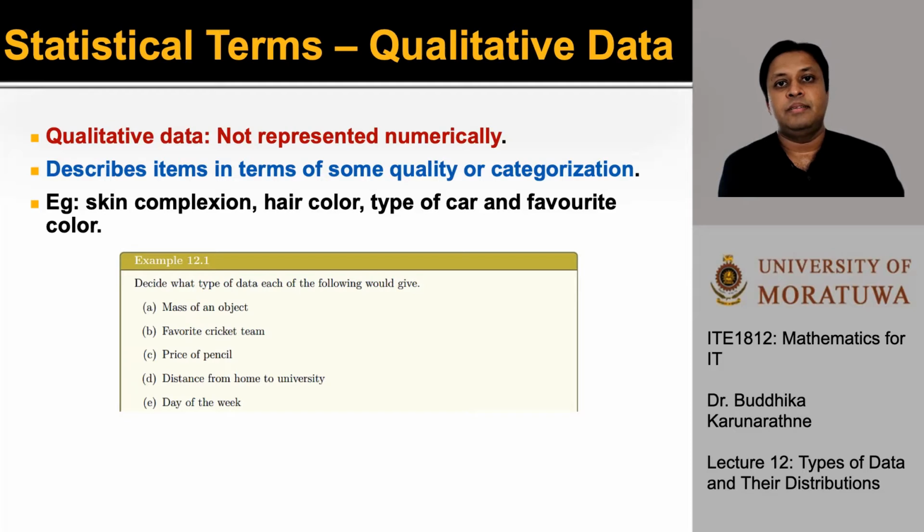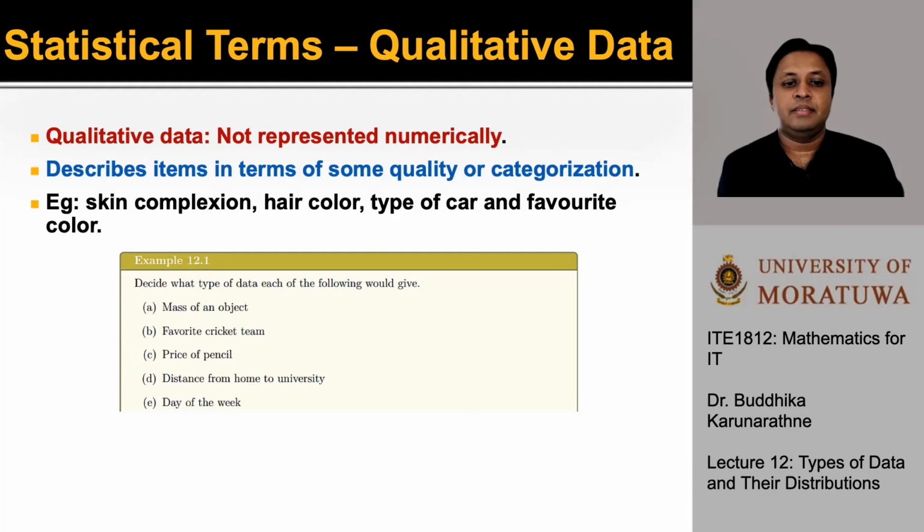We understand it cannot usually be represented in a numerical value, so this is qualitative data. The third one is price of pencil. It is also numerically representable, so it is quantitative, but is it discrete or continuous? It is usually continuous, right? It can take values in between.